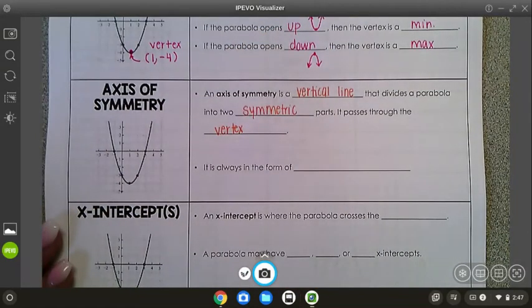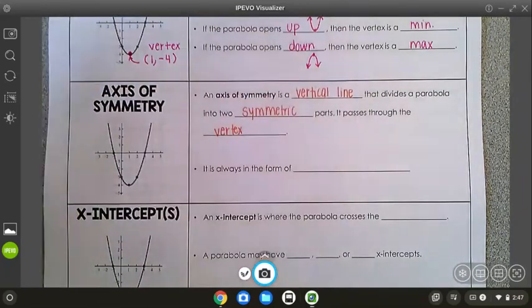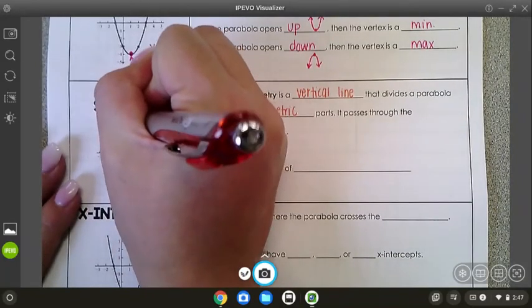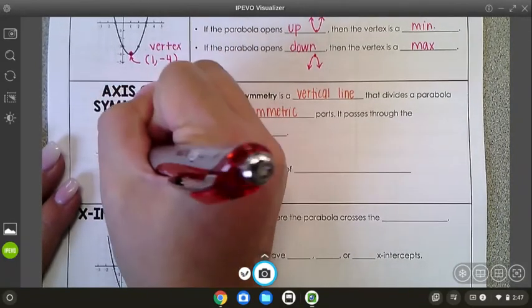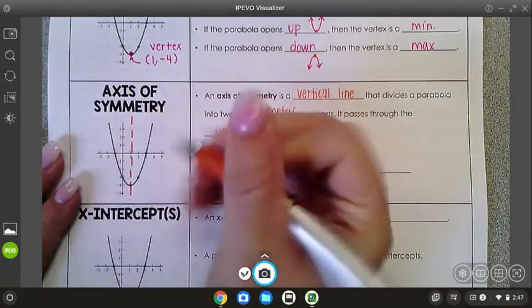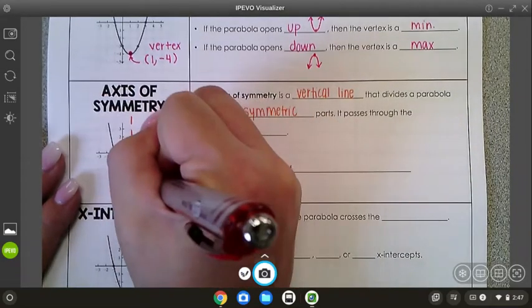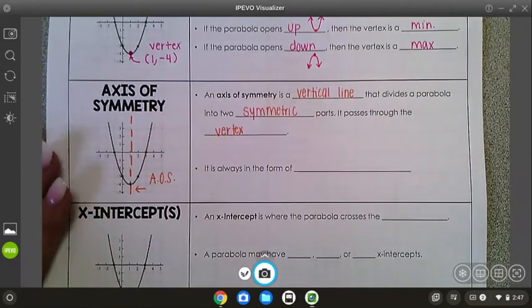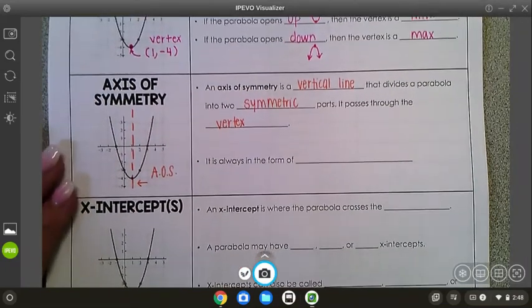So something that you will notice about all parabolas, they're symmetrical, meaning if you were to fold them in half, these lines would overlap. And the place that you divide them in half, that's what we call the axis of symmetry, which I will a lot of times just abbreviate AOS. Okay, so it's that line.